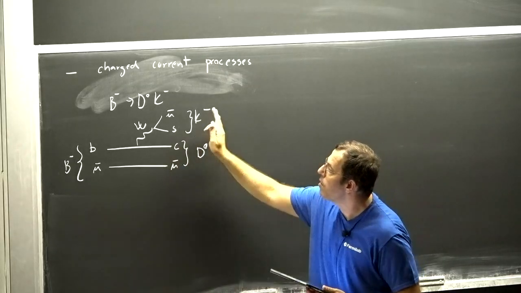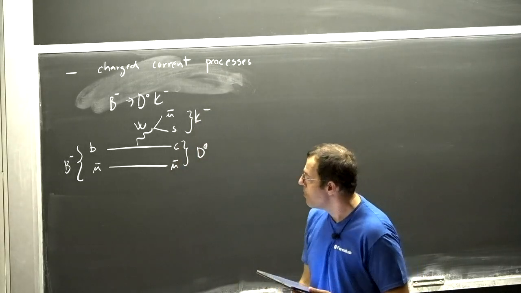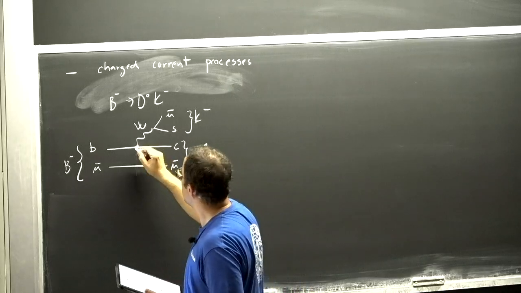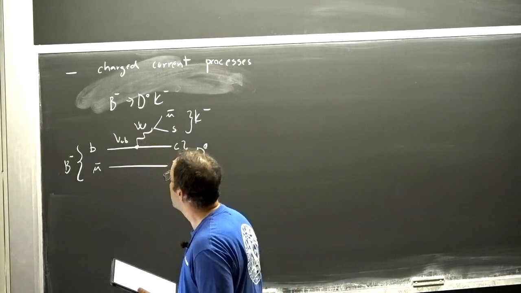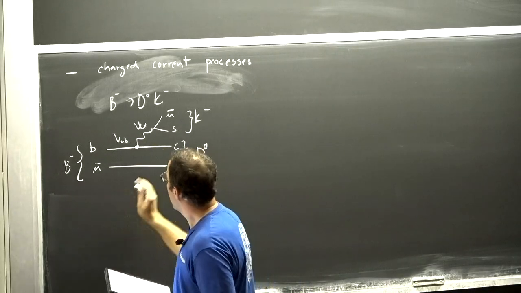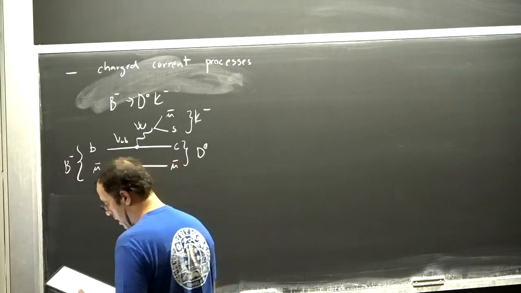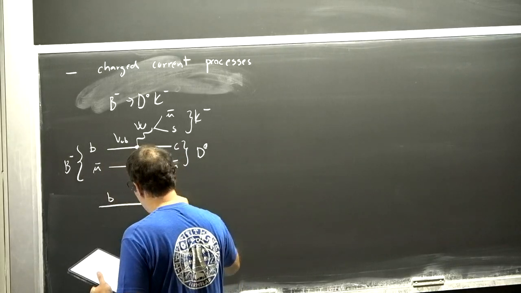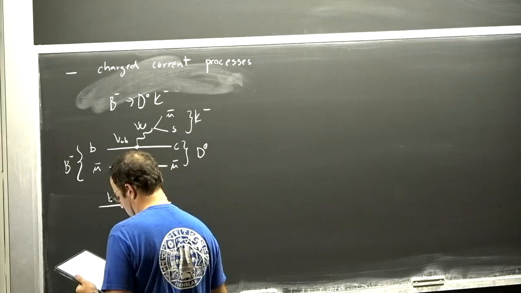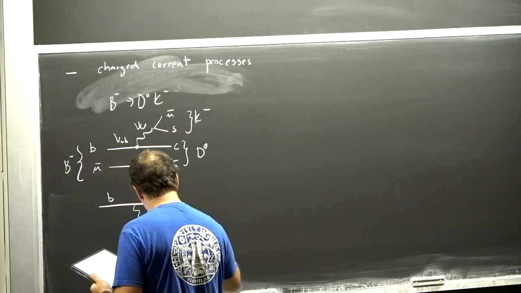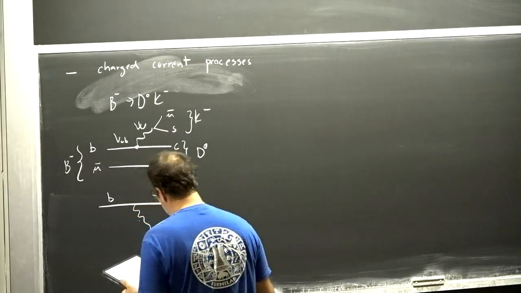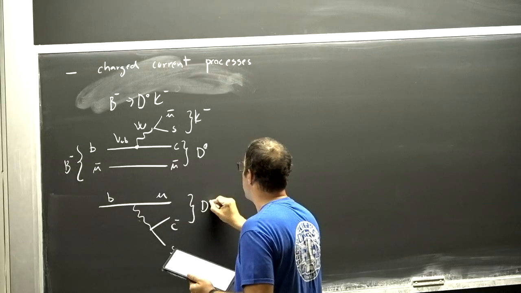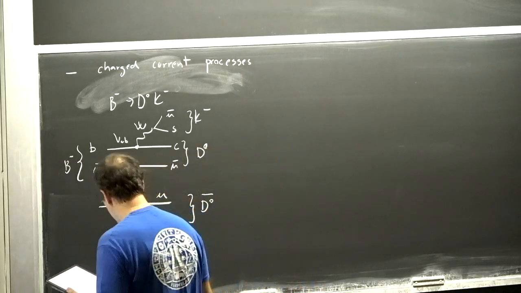So it's a three-level transition. There's a matrix element here, which is BCB. And then I can do a similar three-level diagram, but instead of D0, this is D0 bar.